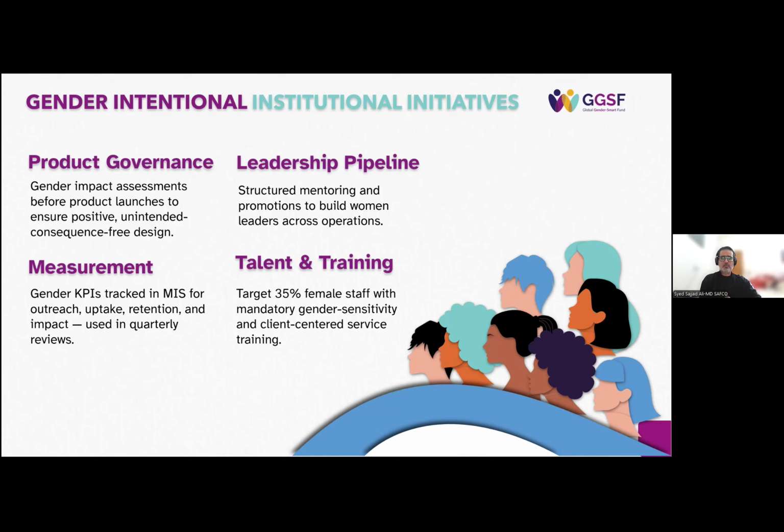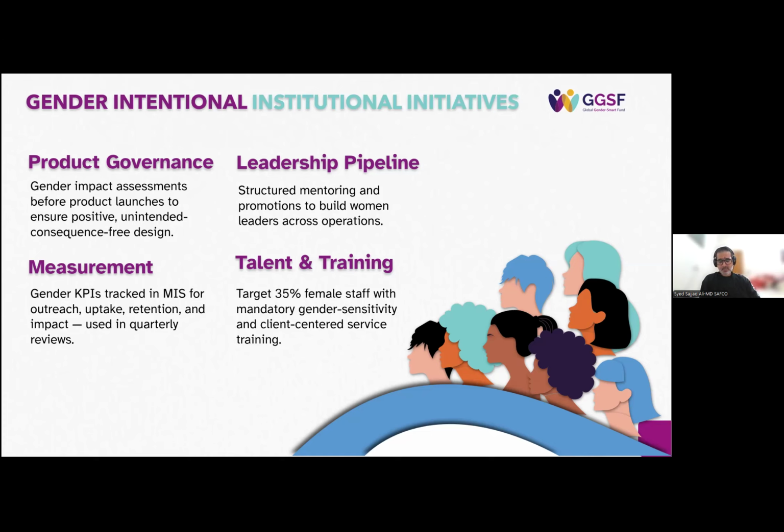Normally we used to onboard graduate staff under our HR policies, but we created a provision for women to onboard at the matriculation level and intermediate level. Local staff was preferred in those areas. So we try to build women leaders across the operations to strengthen women inclusion accordingly.